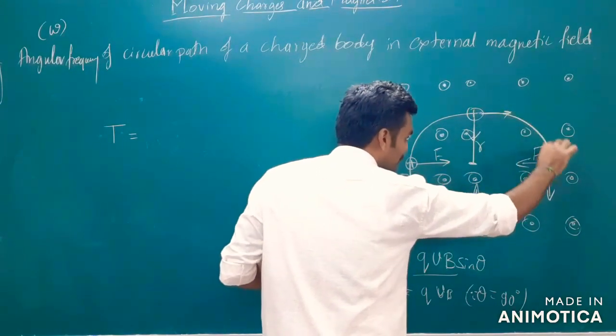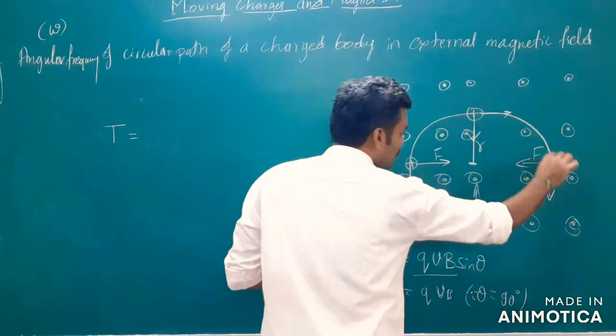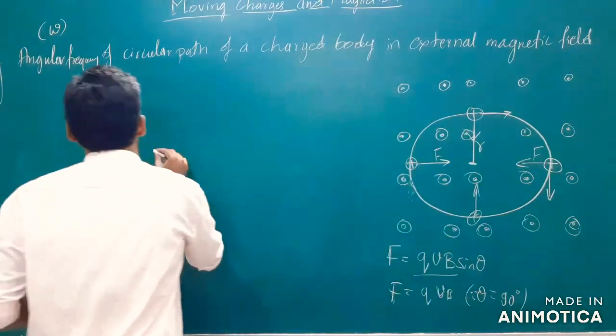In one revolution, the charged body covers a distance of 2 pi r, right?